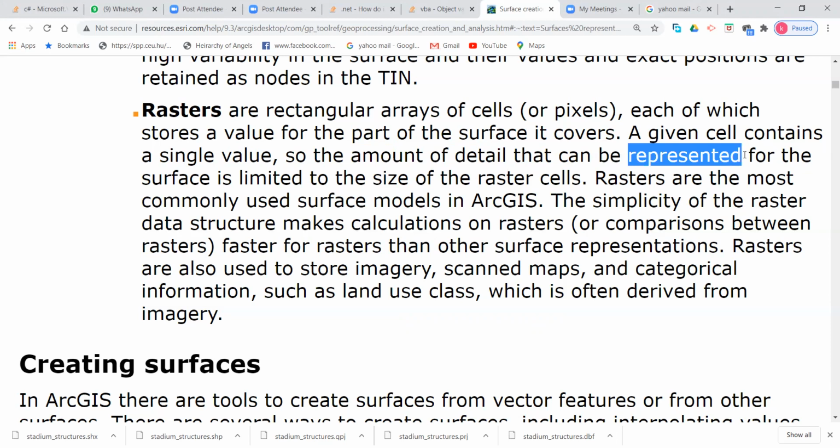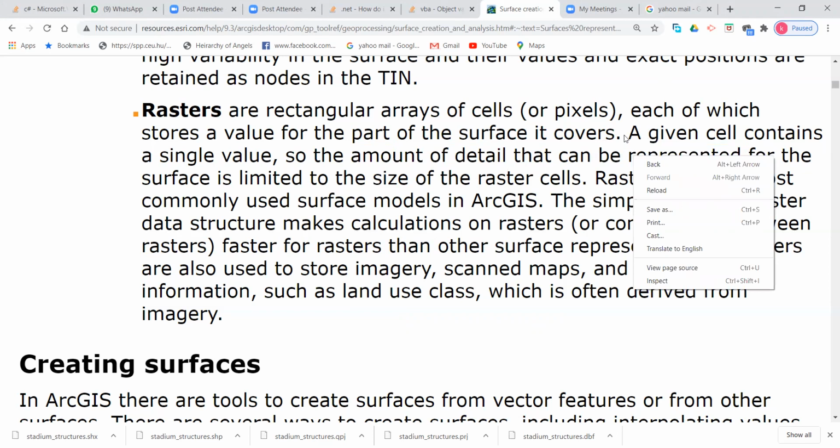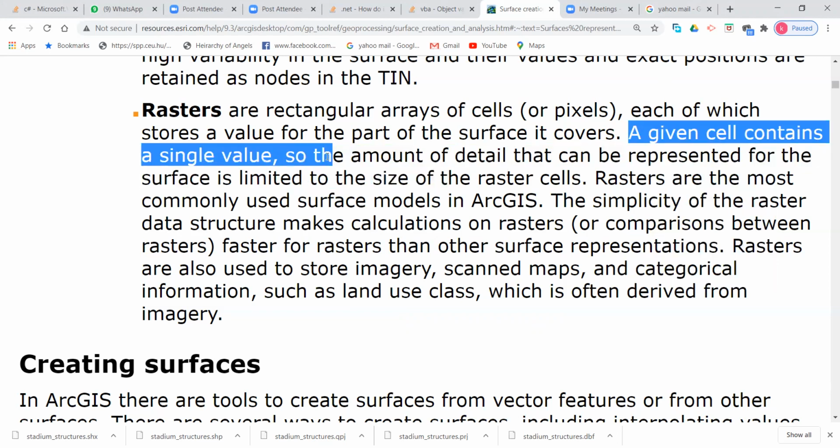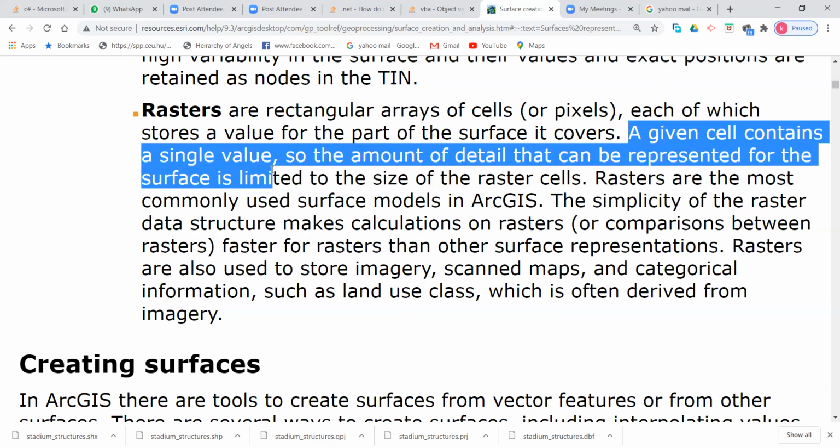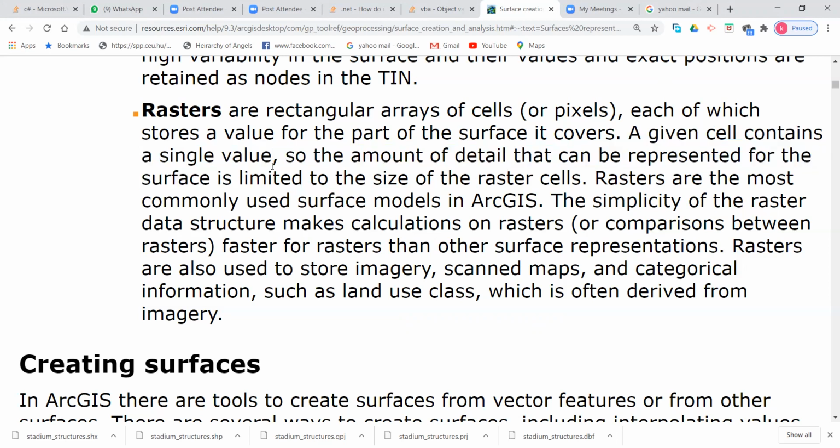So the size of the square means that we are only having a single value, because every square, every cell, contains a single value. So the more cells you have, the more values you have, isn't it?